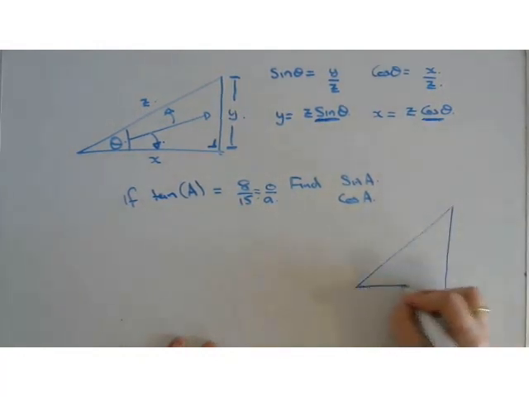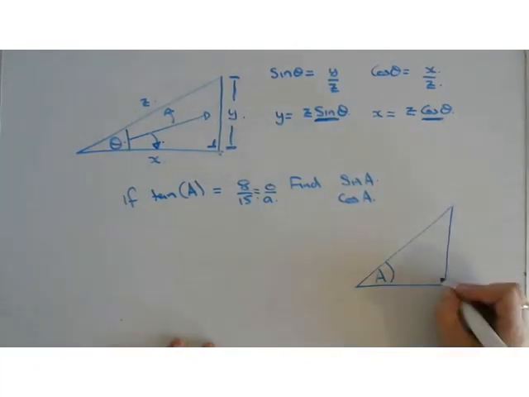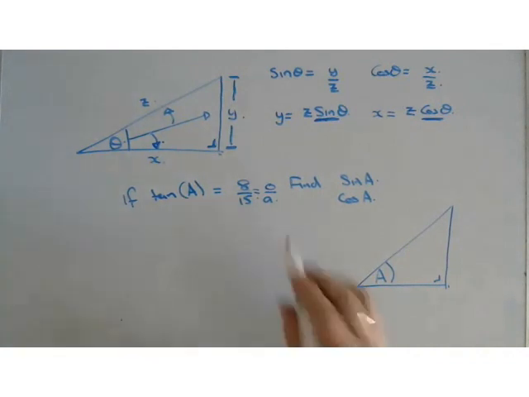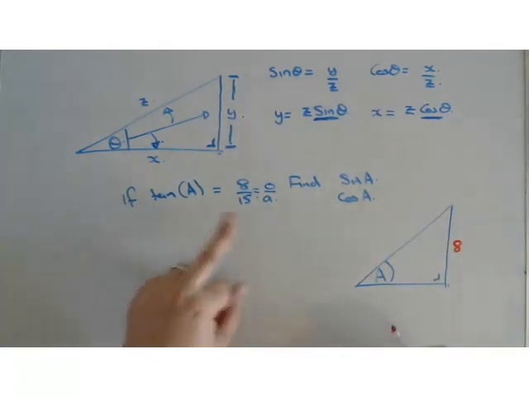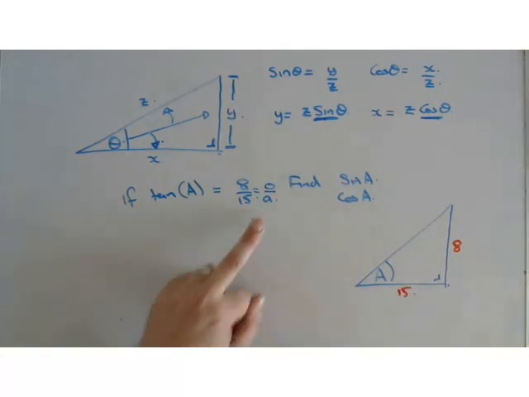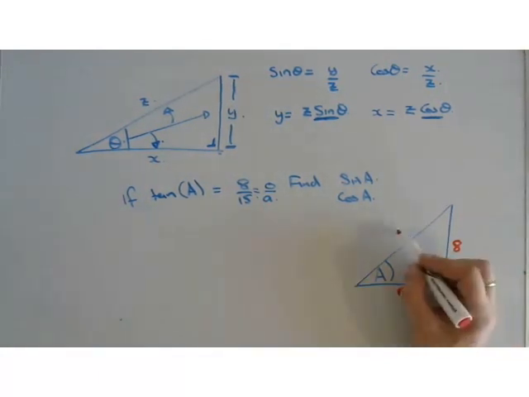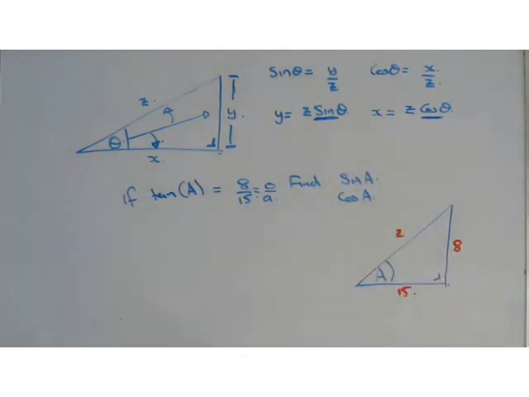Okay, so what we're going to do is say that here is an angle A. It's a right angle triangle. The opposite is 8 and the adjacent is 15. Okay, and we'll call this Z for the crack.